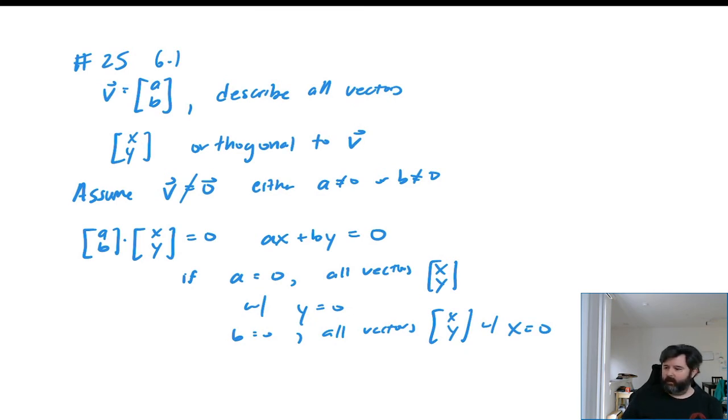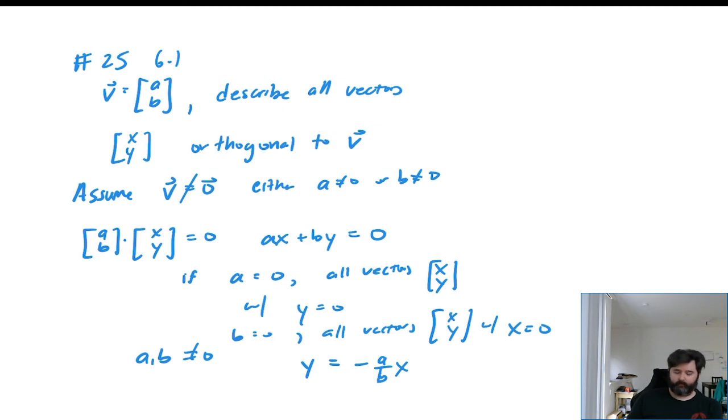Okay. And if A and B are both not equal to 0, then you can just solve for y in terms of x. y would be equal to negative A over B times x.